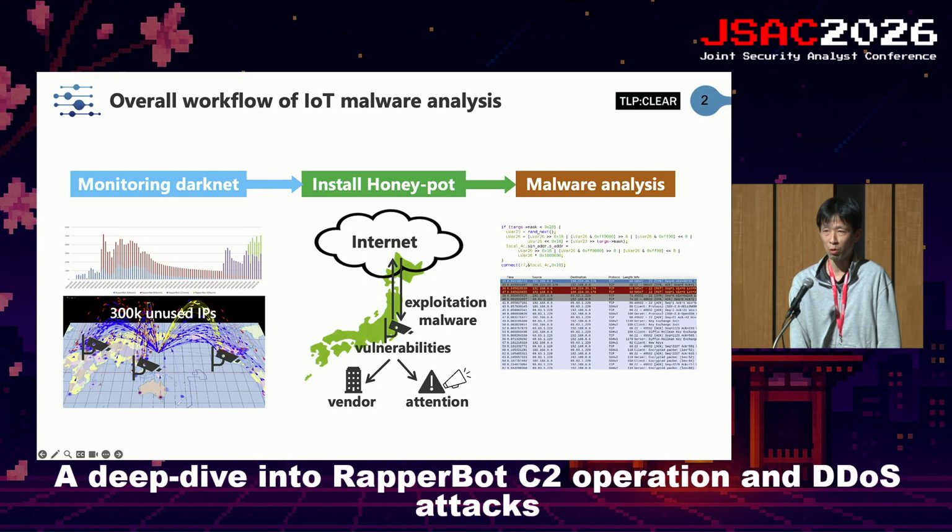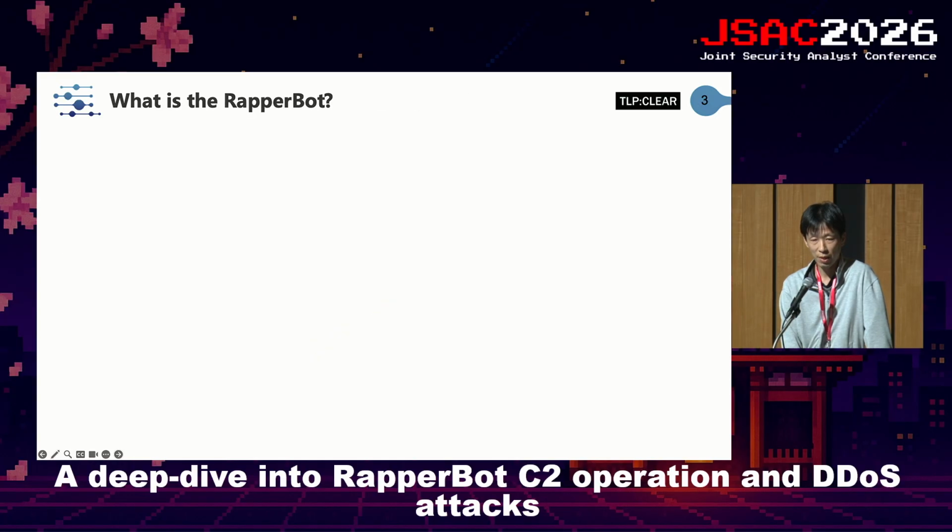When an exploit comes, we research the vulnerabilities that were exploited, ask the vendors, and also respond with some warnings. At the same time, we are able to obtain the malware, which can then be analyzed for the details. And I myself am responsible for this malware analysis.